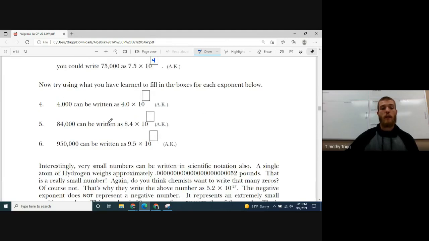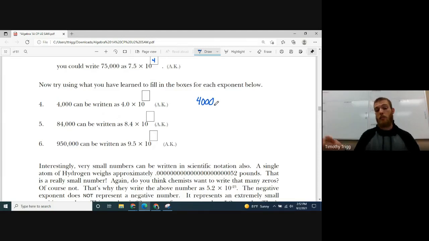We could also do the same. Let's go ahead and work on these. Basically the shortcut to writing things in scientific notation is we just count how many times we're moving the decimal. So in the case of 4,000, if I want to write this in scientific notation, first I need to look at where the decimal is starting. The decimal is at the end of the whole number.